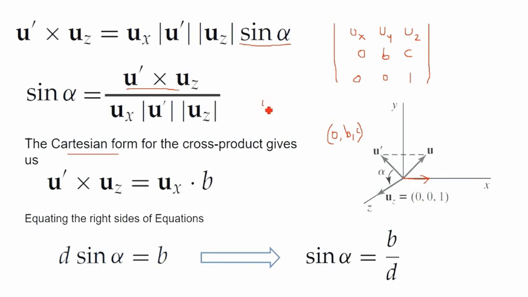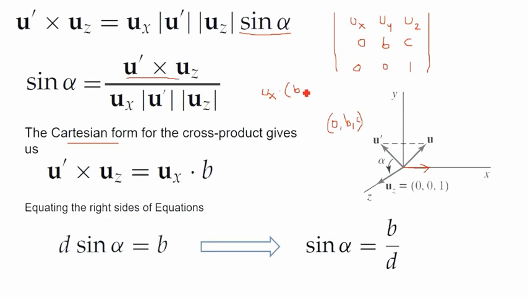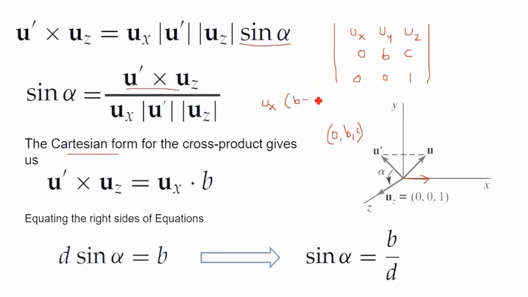I would get ux into b minus c into 0, which is 0, minus uy into 0 into 1 is 0 minus c into 0 is 0, plus uz into 0 into 0 is 0 minus b into 0 is 0, so these terms become 0. So what I get is b into ux.